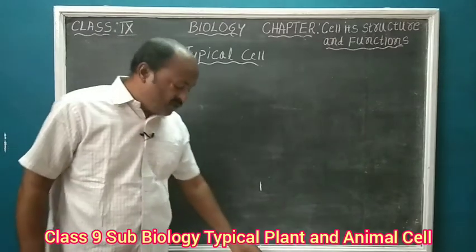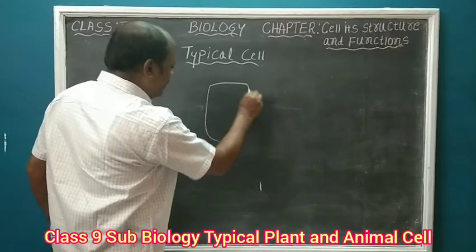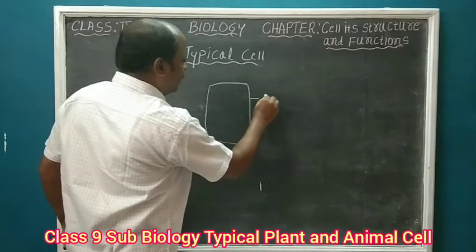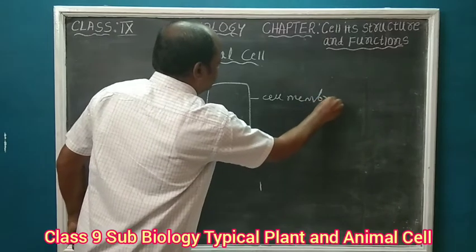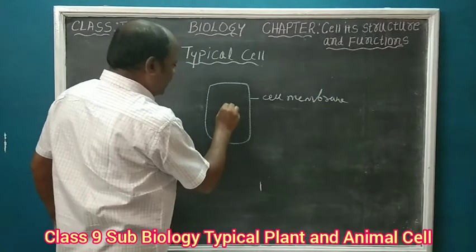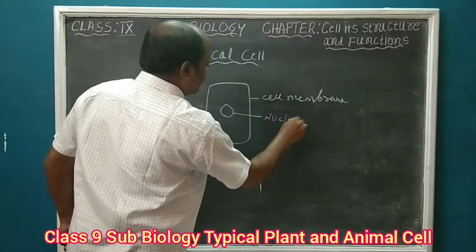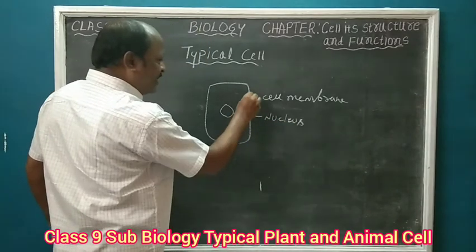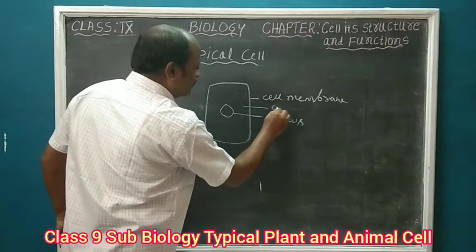So when we generally talk about a cell, it generally has got a cell membrane, it has got a dominant nucleus, and in between this cell membrane and nucleus we have got cytoplasm.